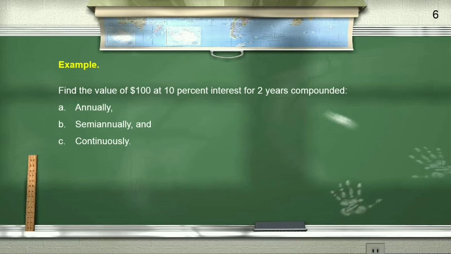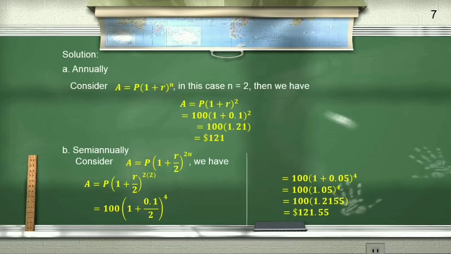Now, I can give you the solution. The first one, if r is compounded annually, we consider the formula A = P(1 + r)^n. In this case, n equals 2, so we have A = P(1 + r)^2.